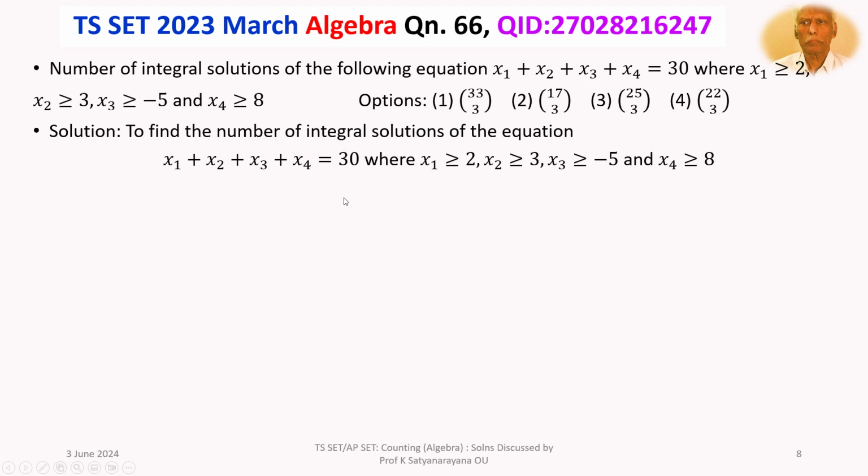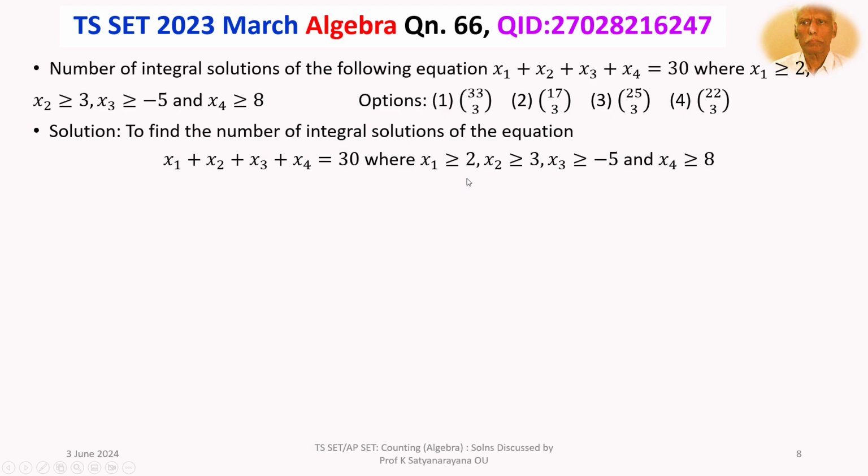Now, we have formulae for finding integral solutions of such equations where the variables are positive. There is one formula for that. And if x1, x2, x3, x4 are non-negative integers, there are 2 formulae available. So I will go for non-negative integer solutions.